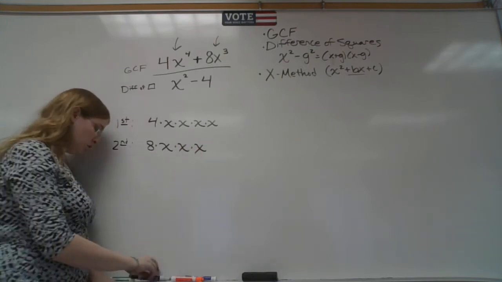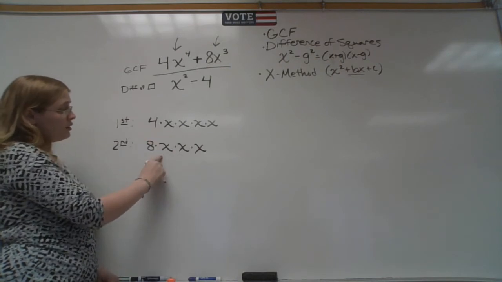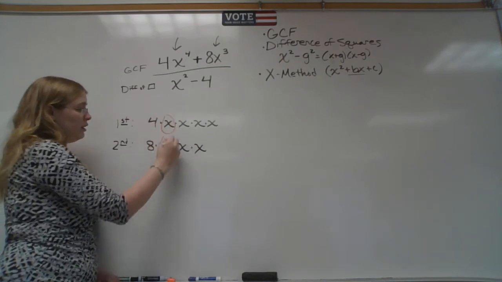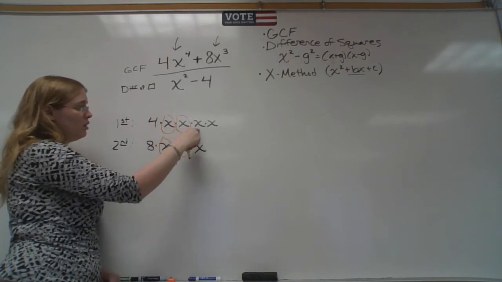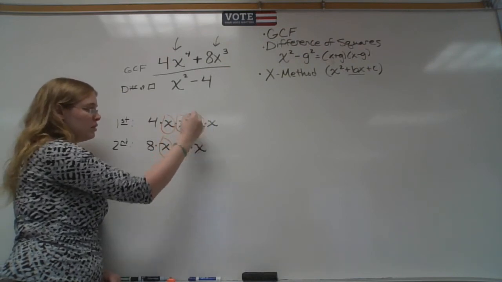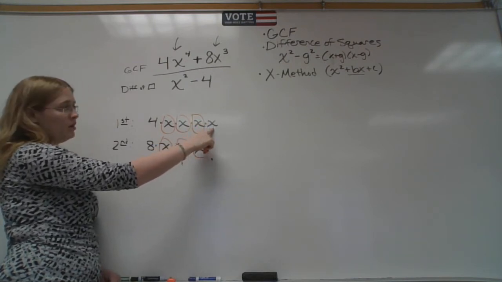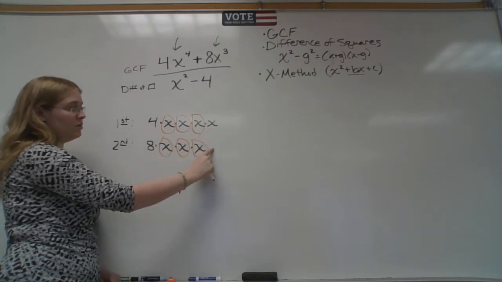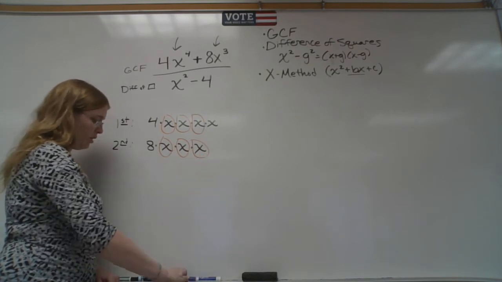All right, so do they each have at least 1 x? Yes. Each have at least 2 x's? Yes. Each have at least 3 x's? Yes. Each have at least 4 x's? No. So this x is left because there's no 4th x to match it up with down here.